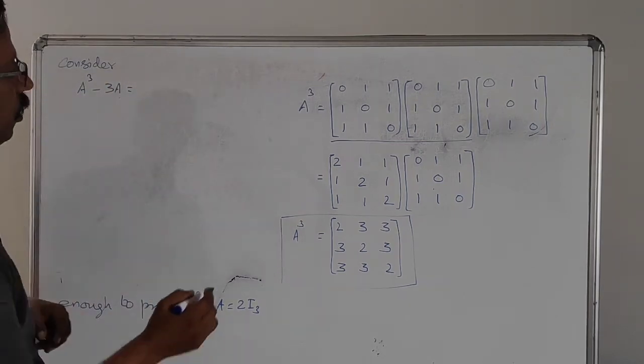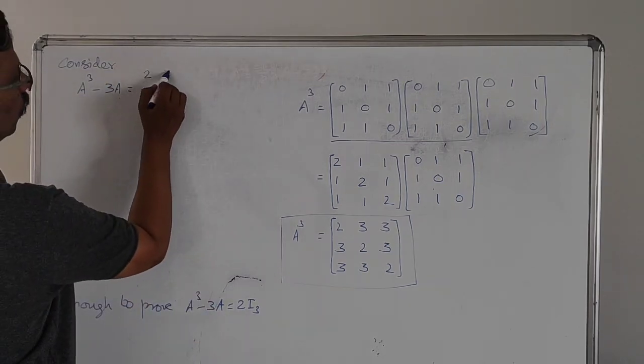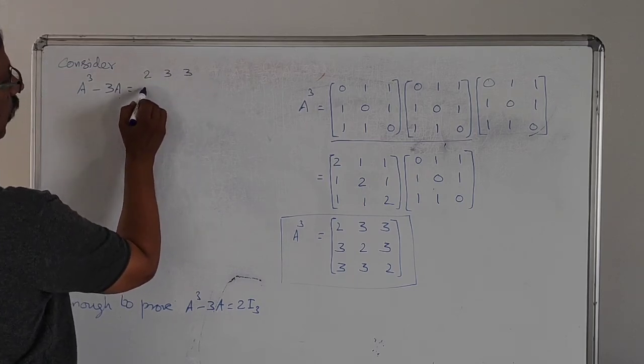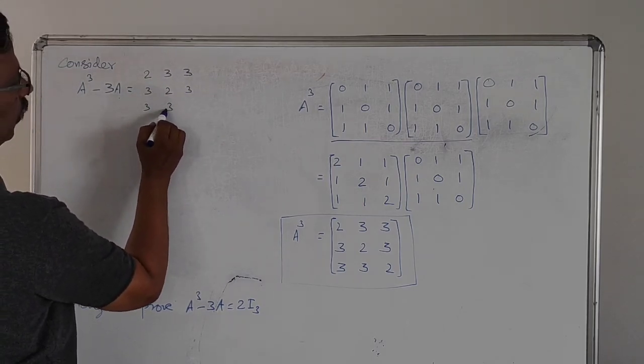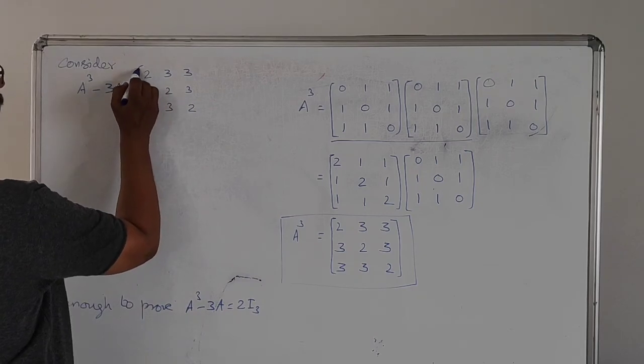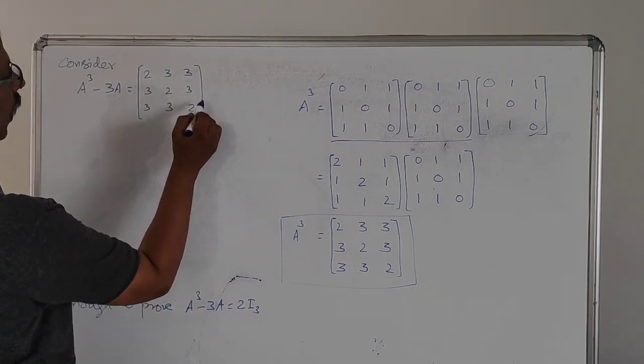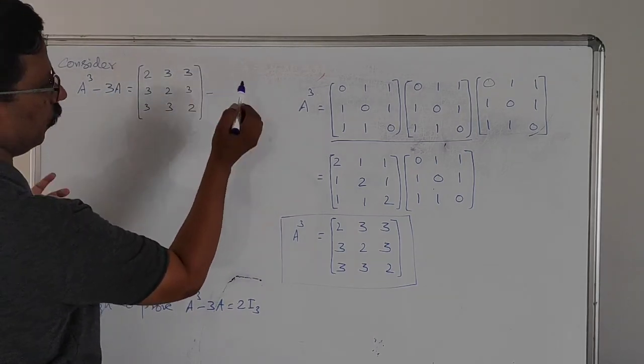Now A cube we got 2, 3, 3, this is 3, 2, 3, then 3, 3, 2. This is A cube. Then minus 3 times A.